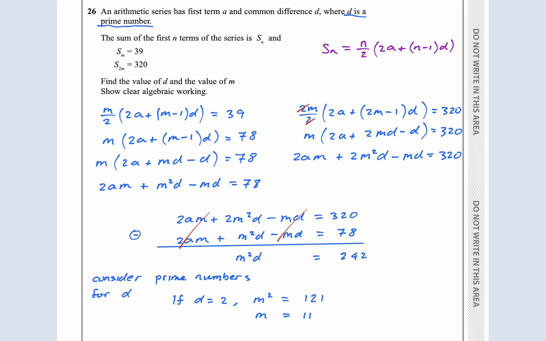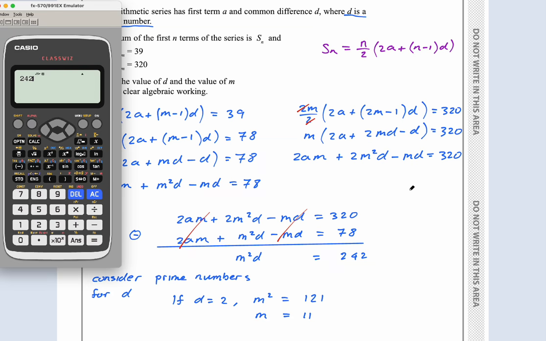But if you wanted to check, if you divided 242 by 3, do you get a square number? No, you don't even get a whole number. If you divide by 5, you definitely can't divide by 5. Divide by 7, no. Divide by 11, yes, we know it divides by 11, but 22 is not a square number, so that's no good.